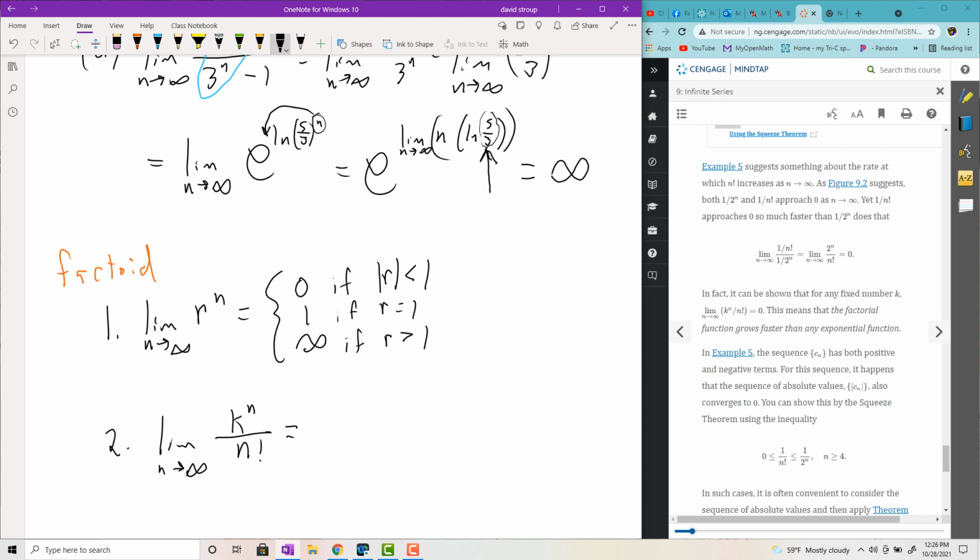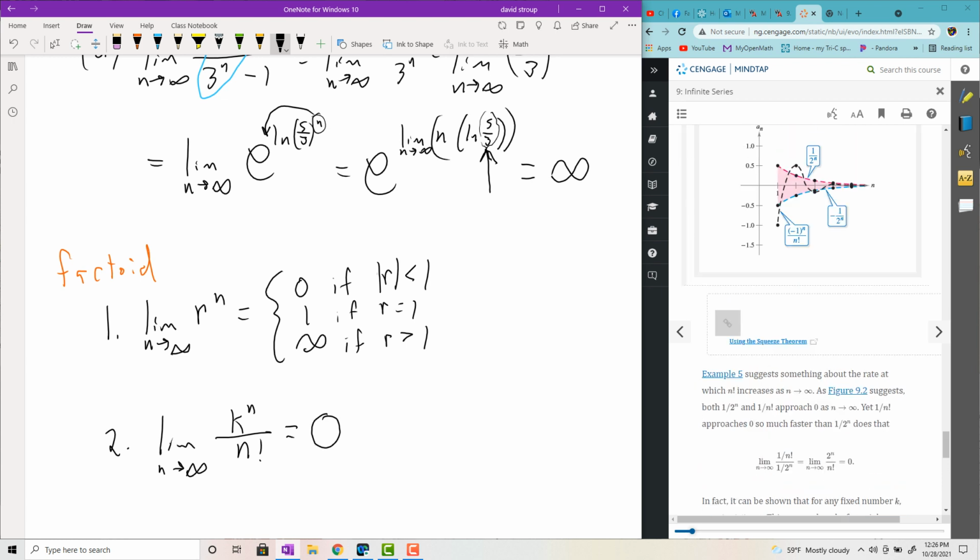So you've heard of exponential growth. Factorials grow faster than exponentials. It just means that the bottom is going to get really big, but the top isn't going to get so big, and so this is going to end up going to 0.